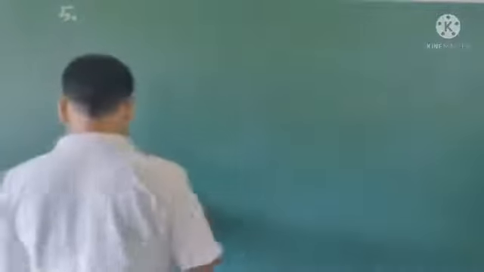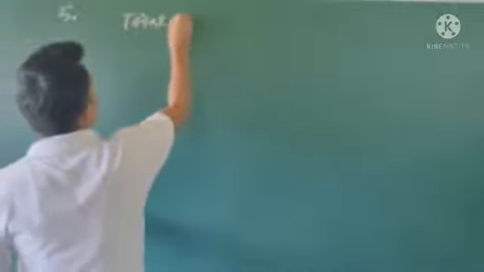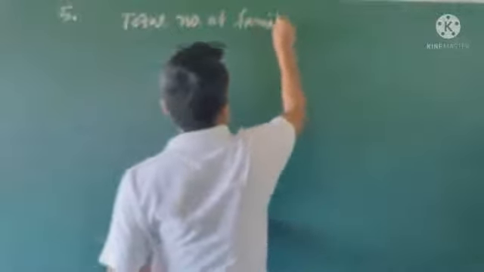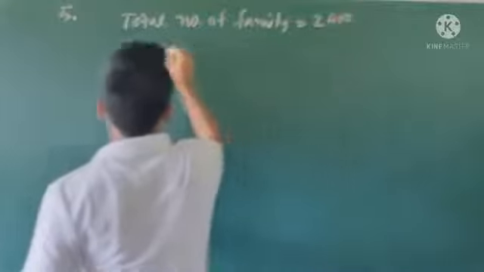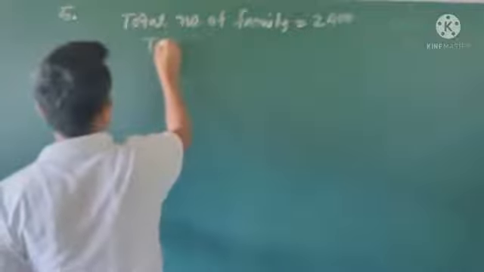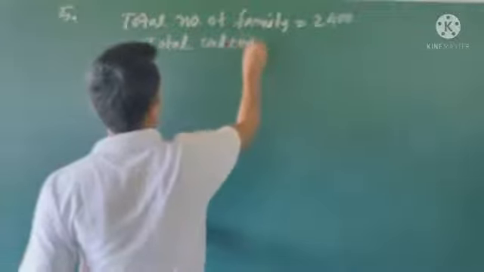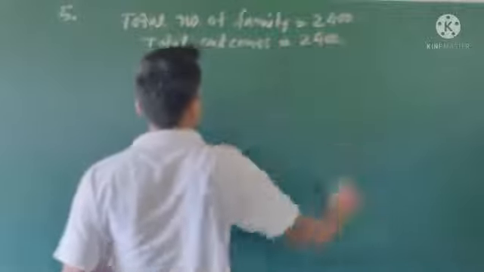So first, how many families are there? Total number of families: 2,400. So the number of total outcomes is 2,400.